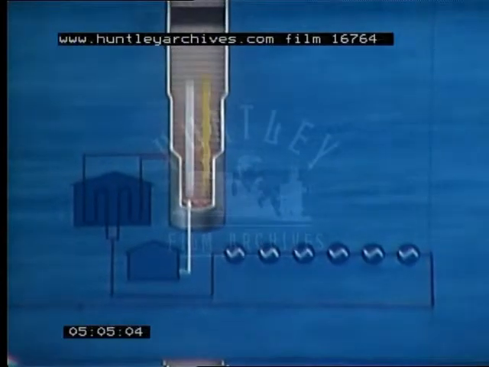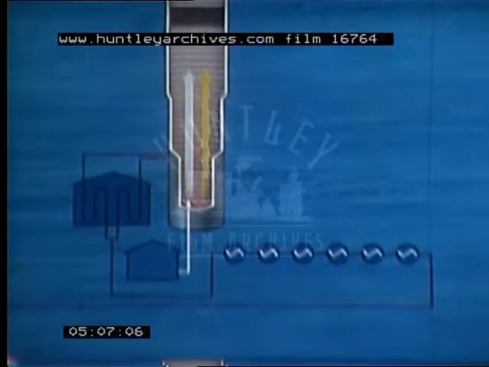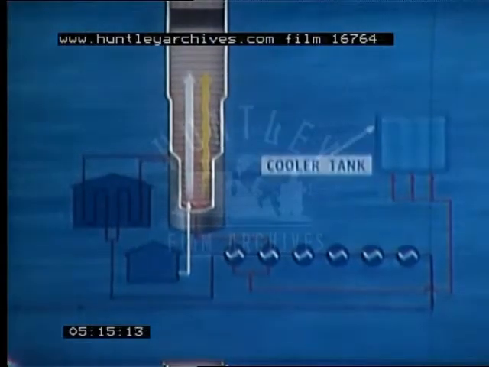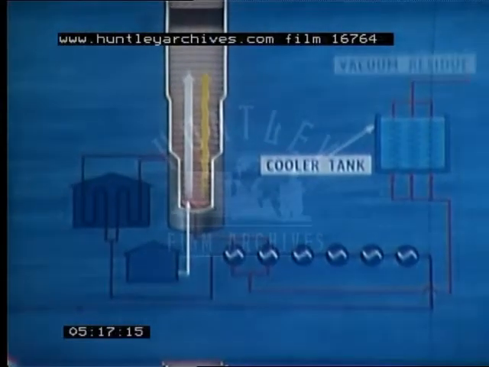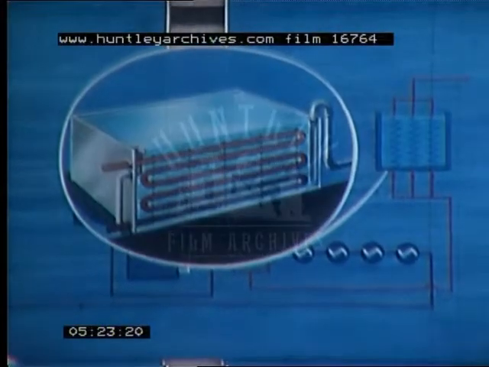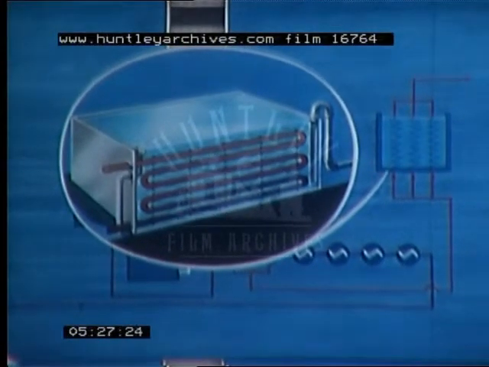Vapor and steam are carried up. The stripped vacuum residue is pumped away through the heat exchangers, where it heats up the incoming atmospheric residue and is further cooled in a large cooler tank. Inside the cooler tank, the hot oil is in several parallel pipes which are surrounded by cooling water.